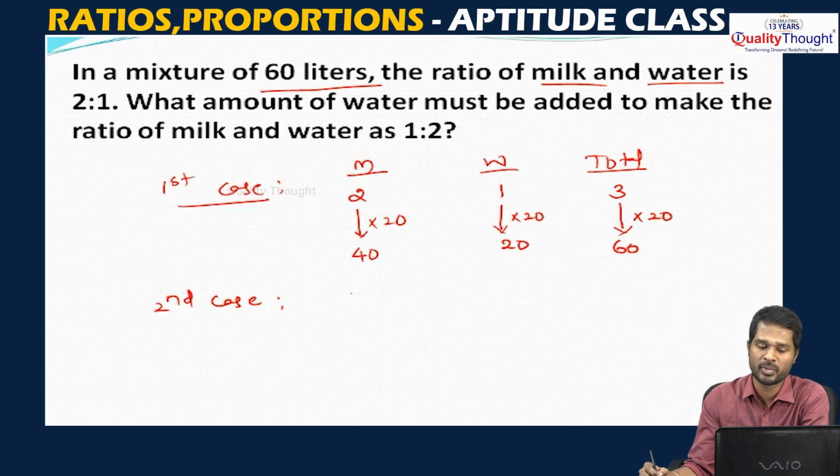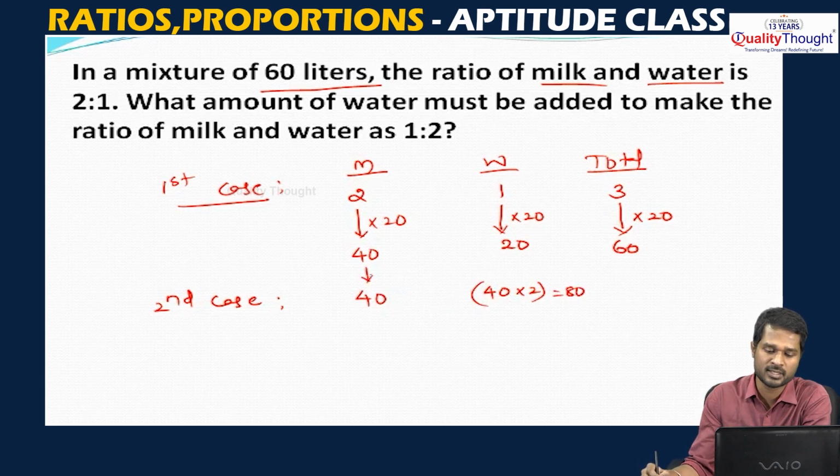So it should become 1:2, which means the milk is not going to be changed. That means 1:2 it should become. So milk is 40. If you consider milk as 1 part, water should become 2 times of this. Water should become 2 times the milk, which will be 40 into 2, which will become 80.